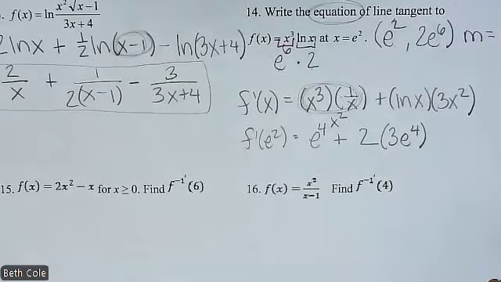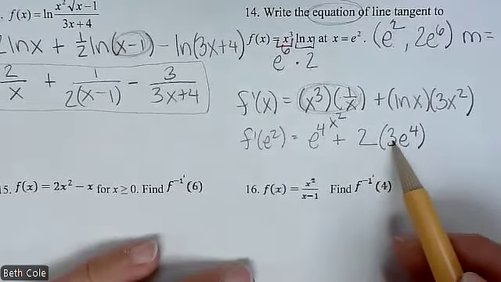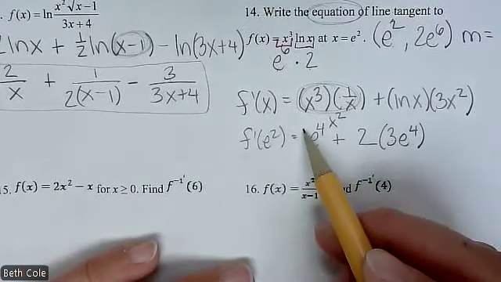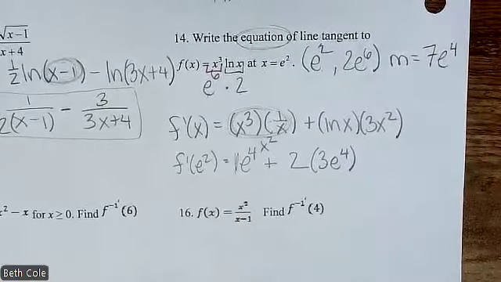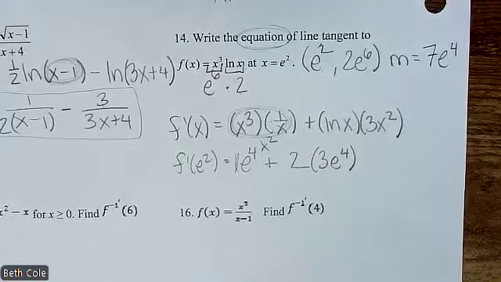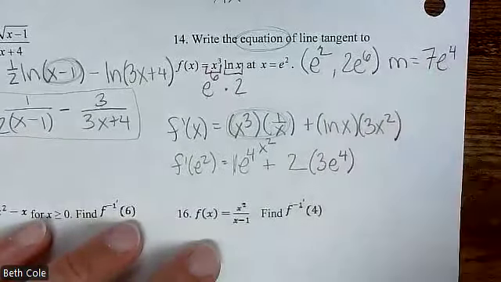You're going to be okay, I promise. This would be what? 6e to the 4th plus 1e to the 4th is 7e to the 4th, which is a number. It's 2.7 to the 4th times 7. I just don't know what that is without a calculator, but that is a number, okay? But it doesn't matter. This is your point. That's your slope. Go with it.